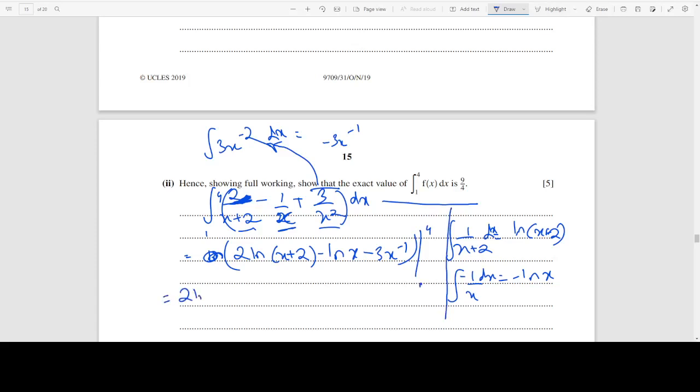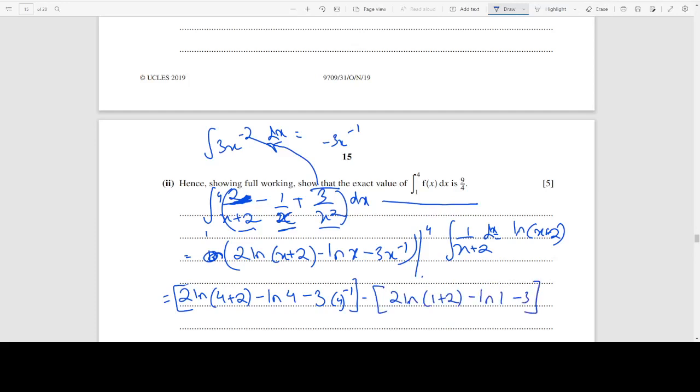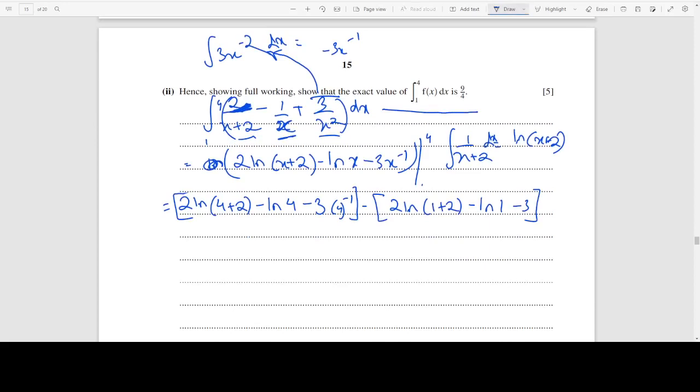So this is going to be 2 ln of 4 plus 2, minus ln 4, minus 3 into 4 to the minus 1, minus 2 ln of 1 plus 2, minus ln 1, minus 3. This is 2 ln 6 minus ln 4 minus 3 upon 4, minus 2 ln 3, minus ln 1, which is 0, plus 3.